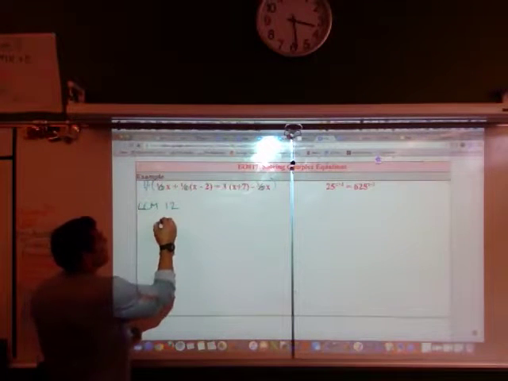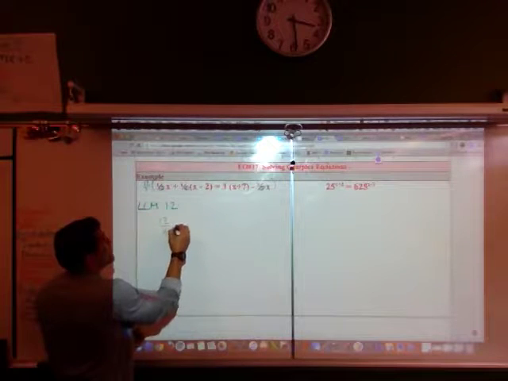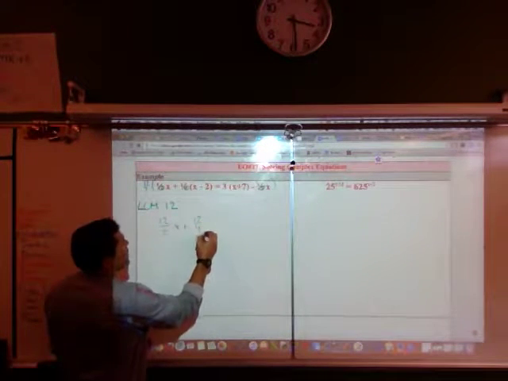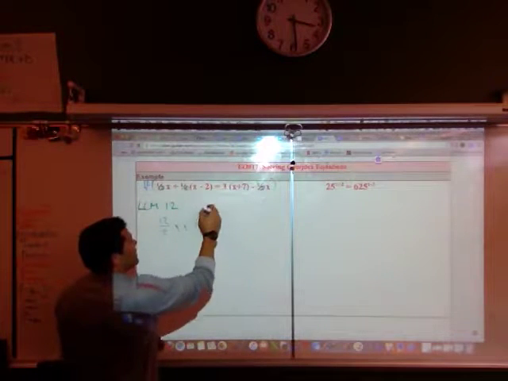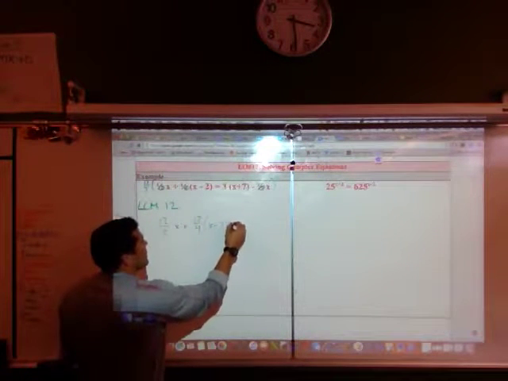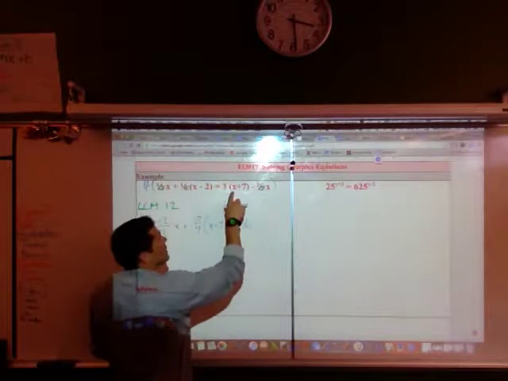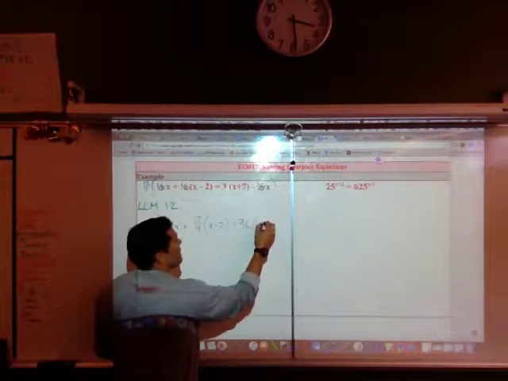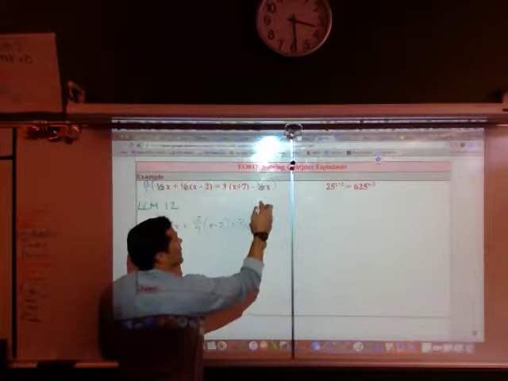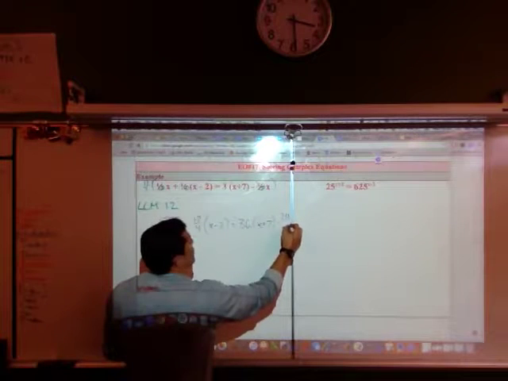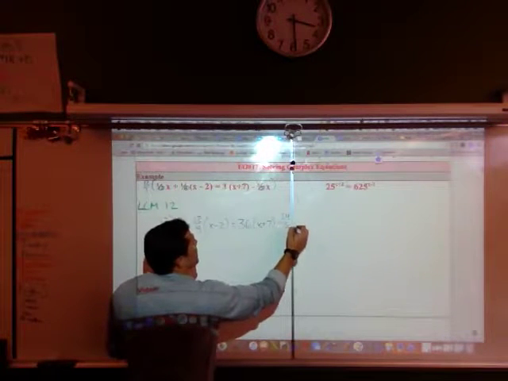So then I would get 12 over 2x plus 12 over 4. And then nothing happens here, I just copy it down. That 3 gets multiplied by 12, so that's a 36. Nothing happens here, just copy it down. That's a negative, so that's going to be 24 over 3x.